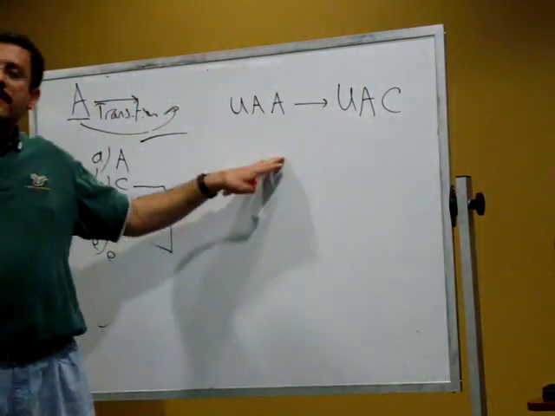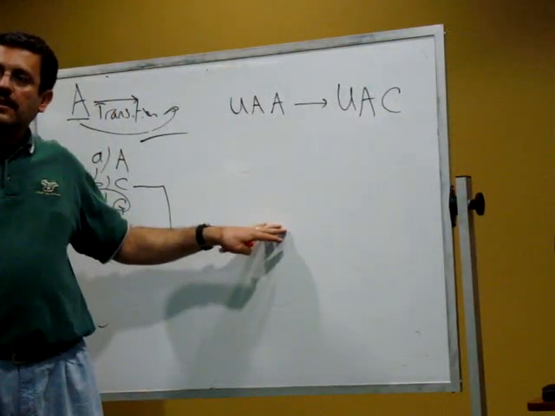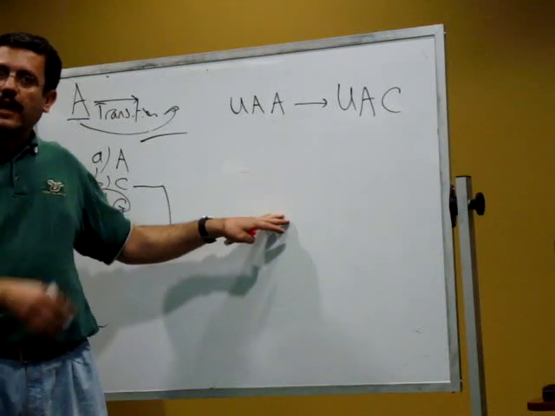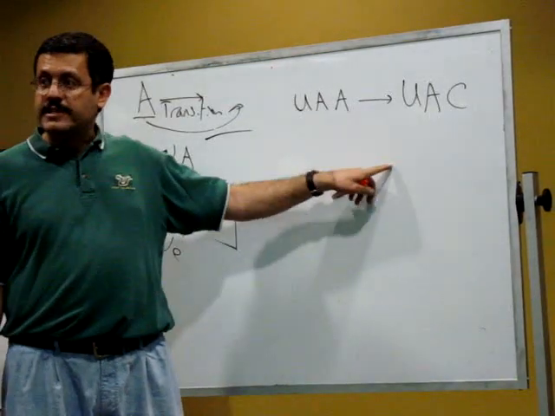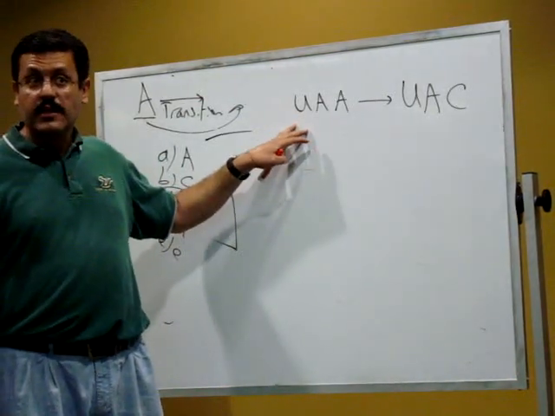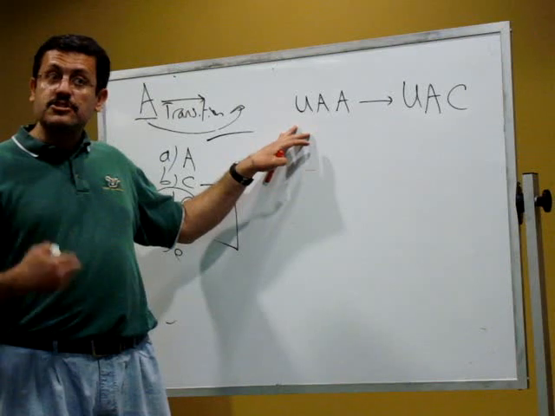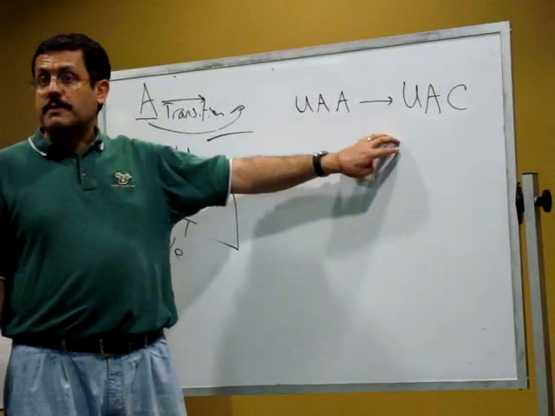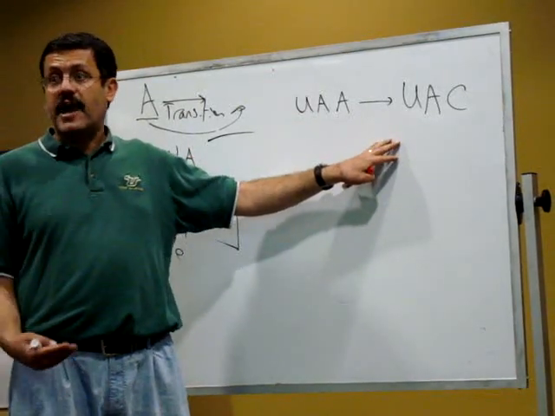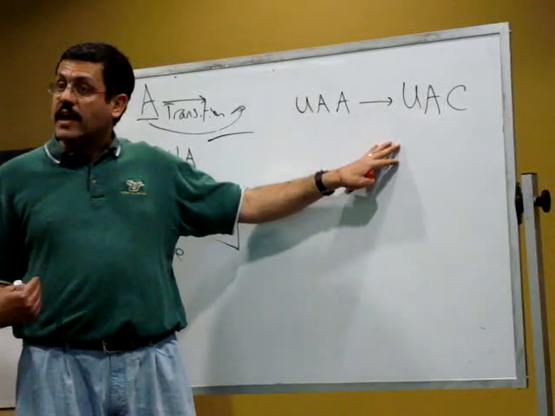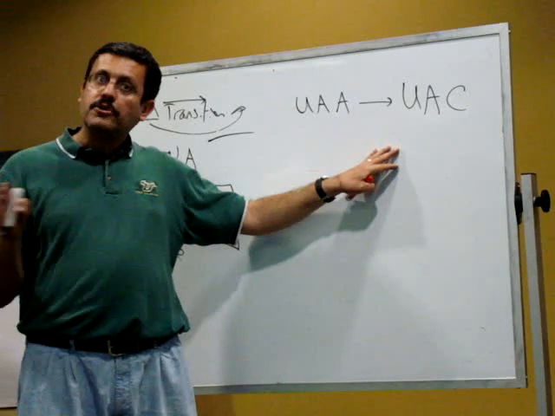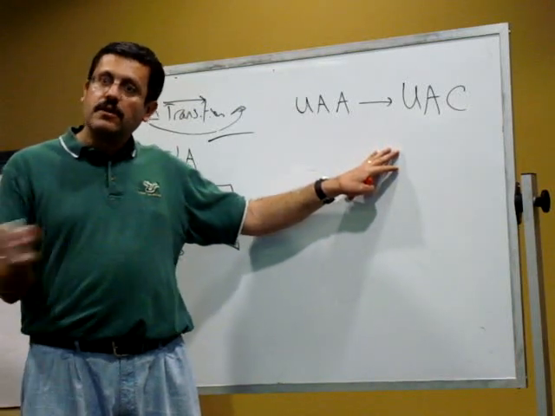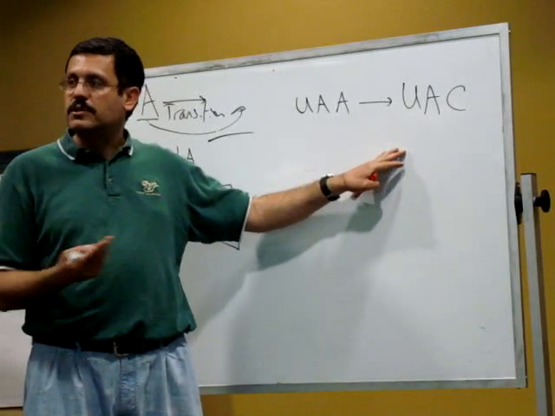What is the effect on a protein? Let's say it's a fill in the blank. You go from UAA to UAC. Now you should know what UAA is, because UAA is a stop. Now you might not know what amino acid UAC is, but you should know that it's not a stop. So you go from a stop to a non-stop, you're making the protein longer. If it's the reverse, the protein is shorter.